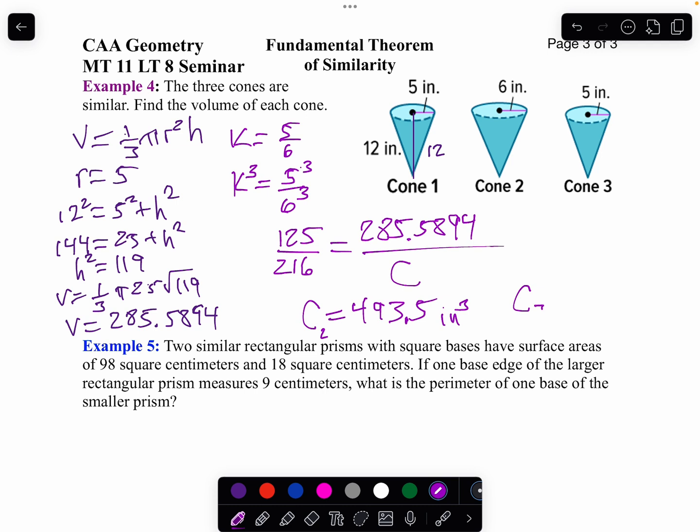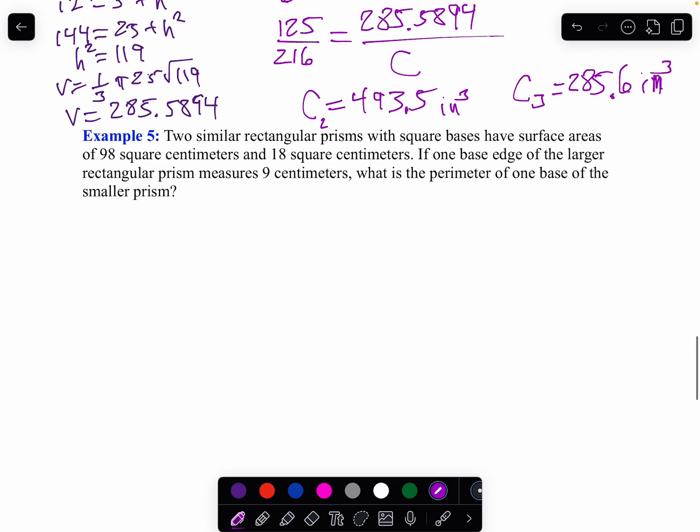Cone 3, notice that's congruent, not just similar to cone 1, because they both have a radius of 5 inches and they have the same height. So that's going to be 285.6 cubic inches. And there we have cone 2 and cone 3.